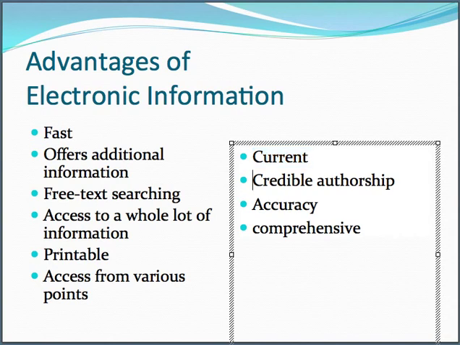In my opinion, the most important thing about electronic information when it comes from authoritative sources is that it is credible information. And it is credible information or credible authorship because it has gone through the peer review process. And that's what is important.